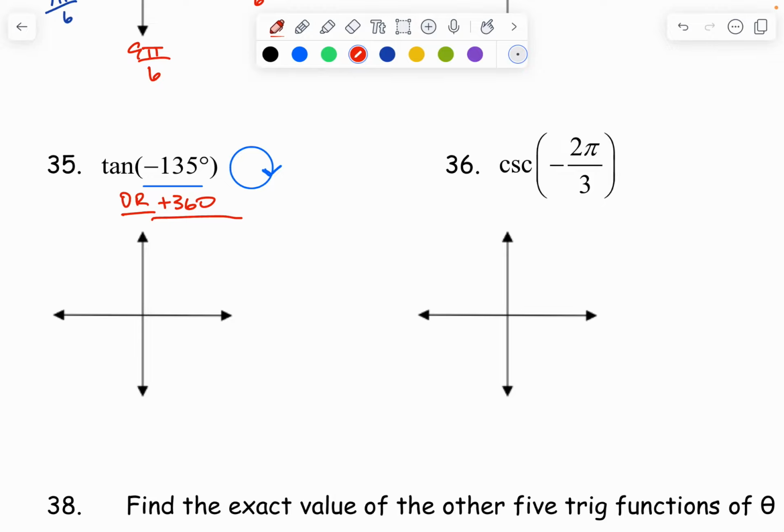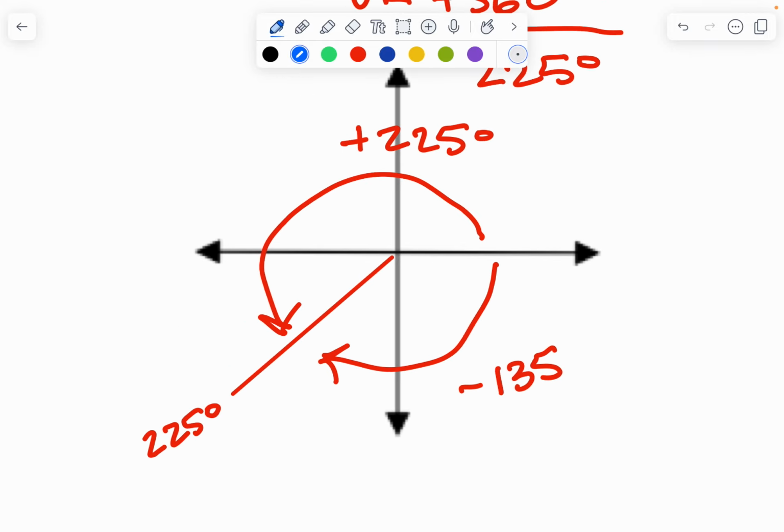So whichever one you do, you're going to end up over here in Q3, and you should be perfectly halfway between. So this is negative 135. This is positive 225. All right, they should get you to the same place. Now, when I connect this back up to the x-axis, I'm now just worried about this reference angle. All right, this is 180.